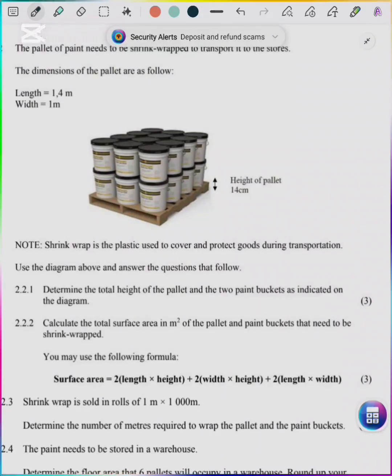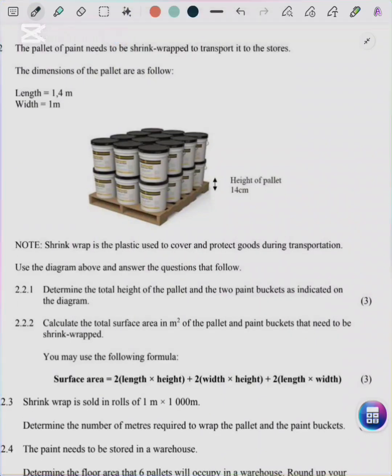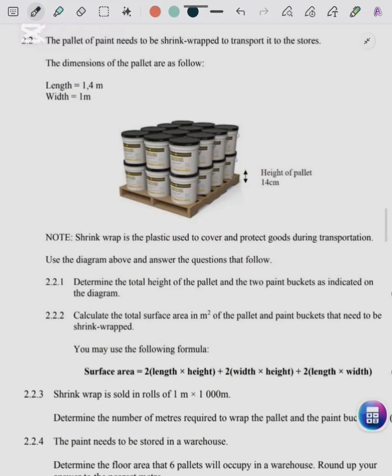So this question is actually asking you about using your previous answer, because our previous answer told us the height of the tin. So in question 1, we established the height of one tin was 23.1 centimeters. And in this case, we have 2 tins, and they also tell us the height of the palette.